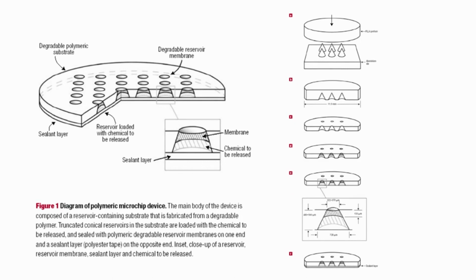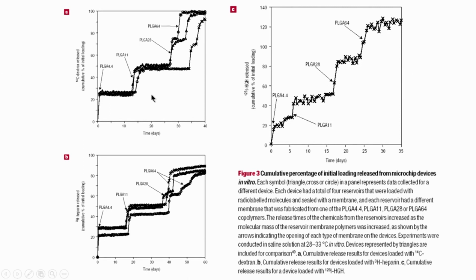These reservoirs are made through lithography techniques, and they capped them with different kinds of polymers and different molecular weights. Depending on the molecular weight, in this case PLGA, the degradation of that particular polymer is different. So, PLGA with the lower molecular weight, in this case 4.4 kilodalton, will degrade faster, so that reservoir will open up and release whatever drug was there.